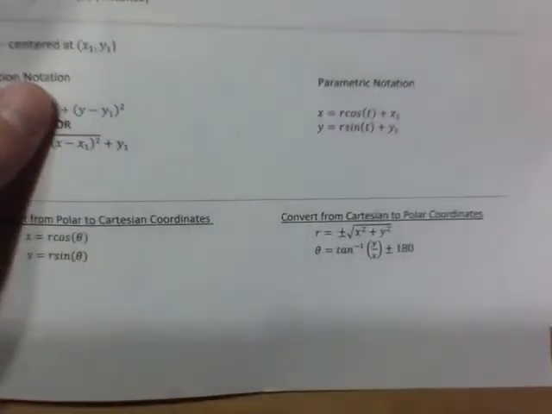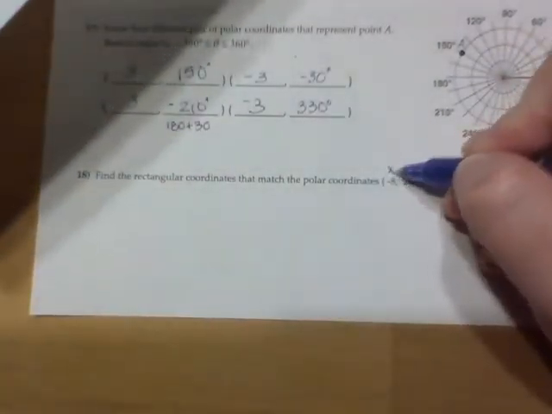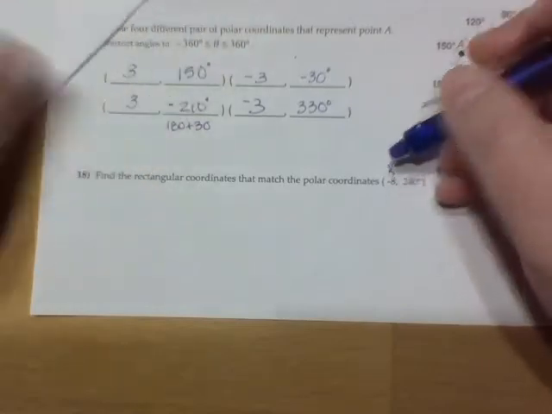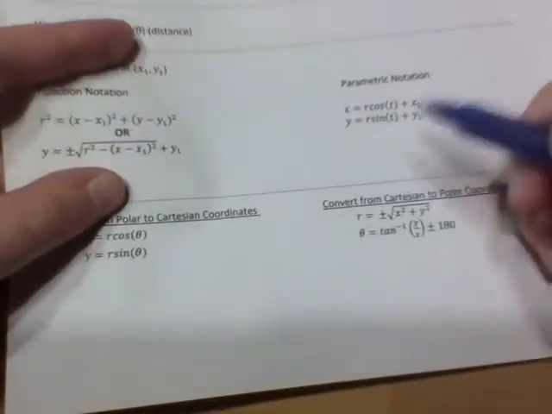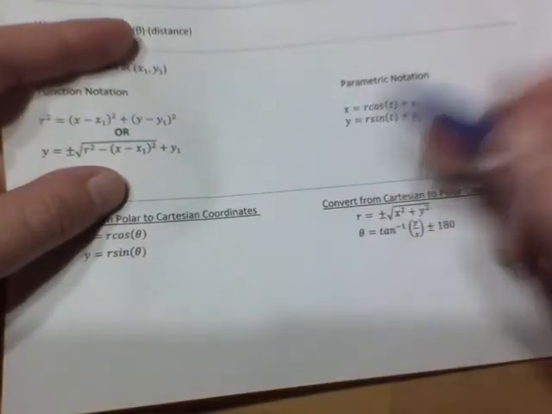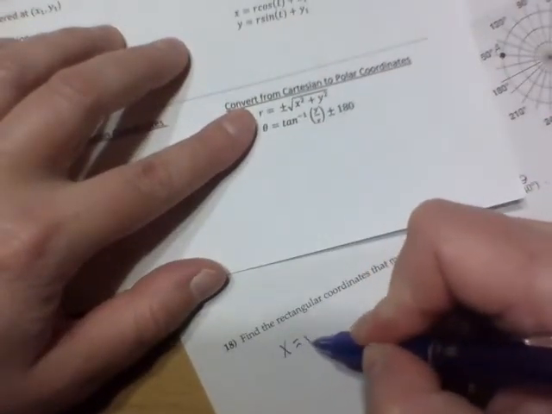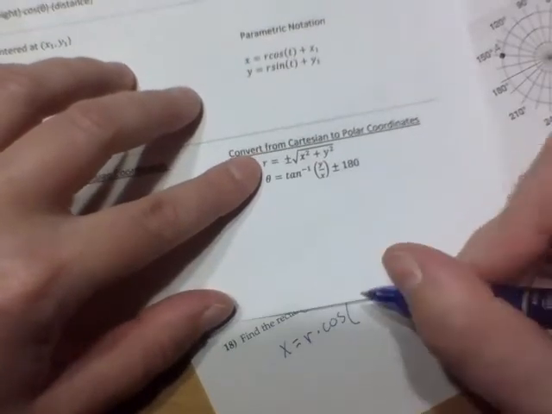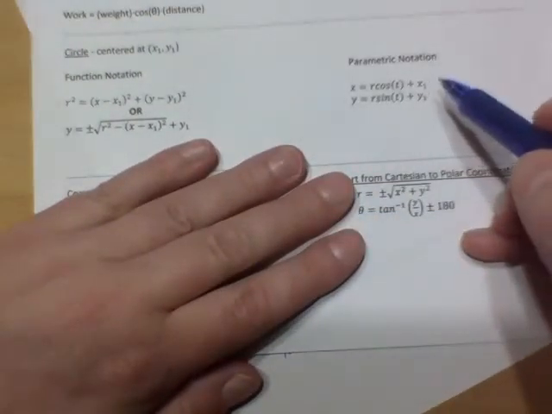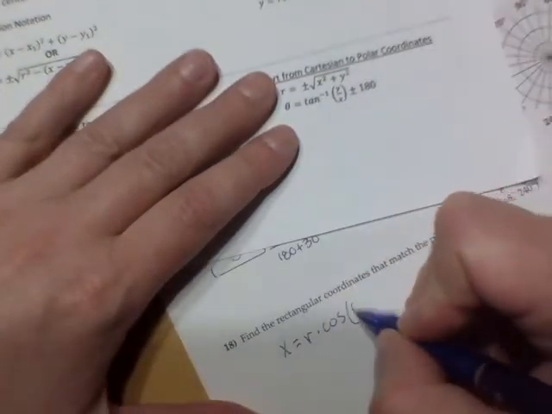All right, then you need to find the rectangular coordinates that match these polar coordinates. So going back over here, we have polar coordinates, so they are r and theta, and we need to get x and y, so we get to use these equations here. So x is going to be r times cosine of, apparently they've decided it's t, which is weird, but that's theta.